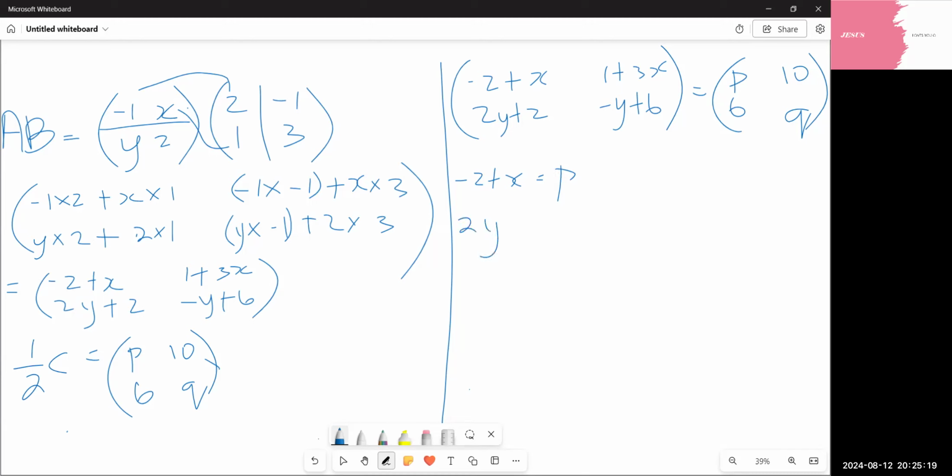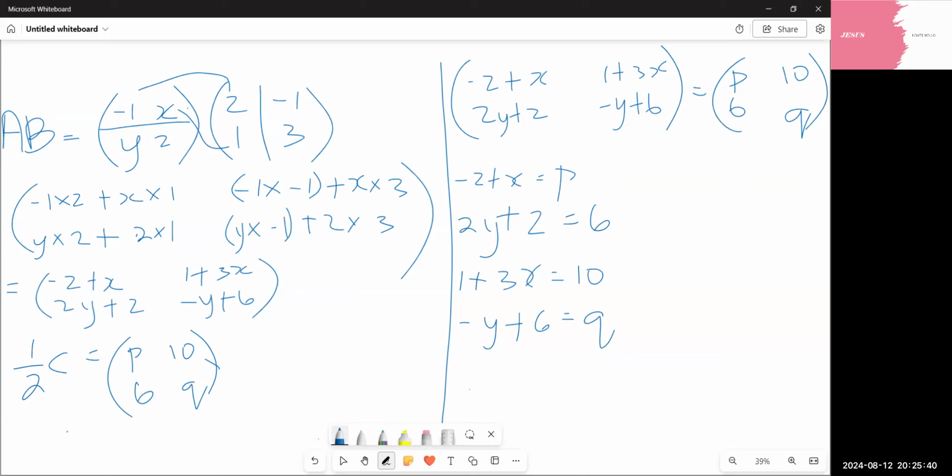Two y plus 2 equals 6. And I'm lining up everything, by the way. And 1 plus 3x equals 10, and negative y plus 6 equals q.